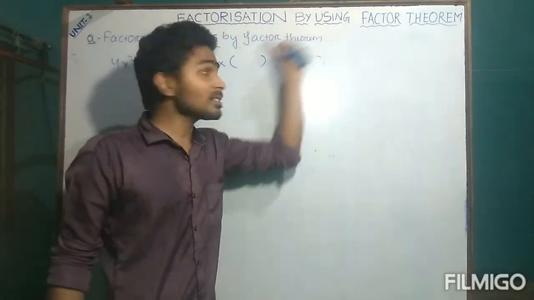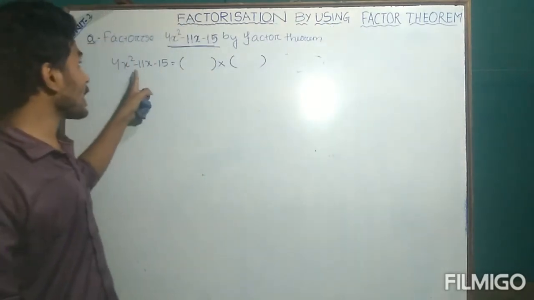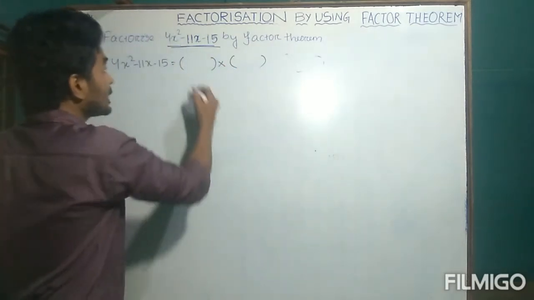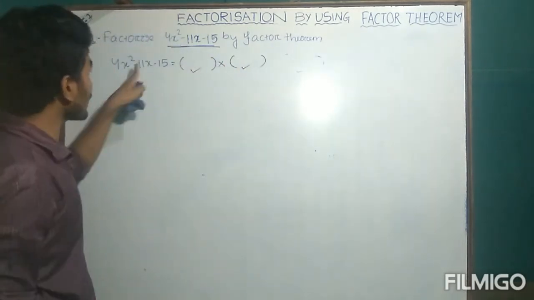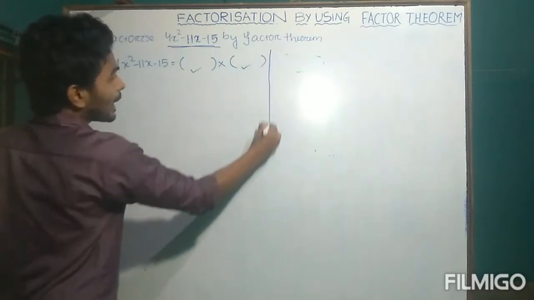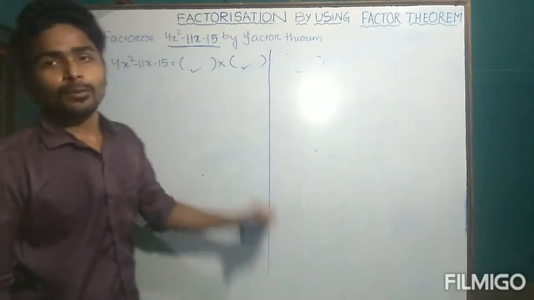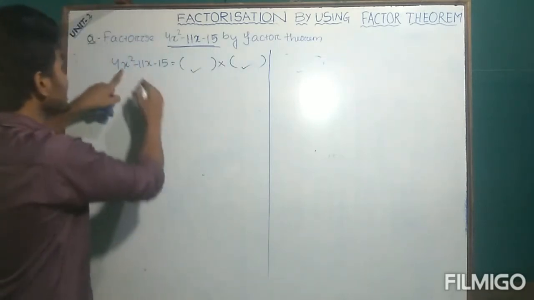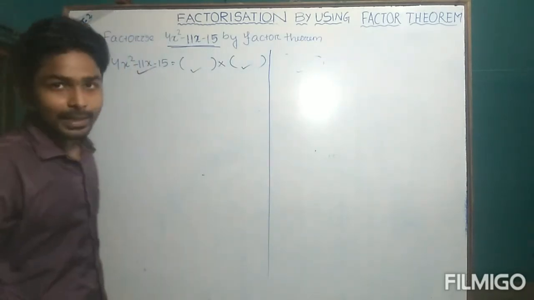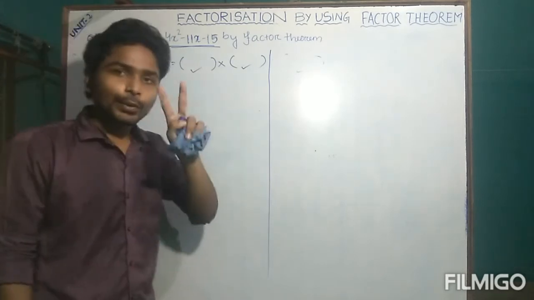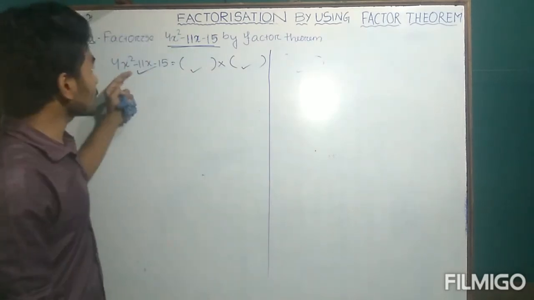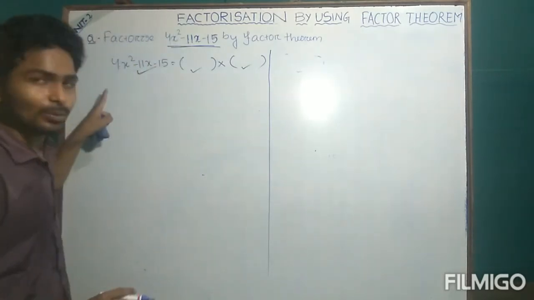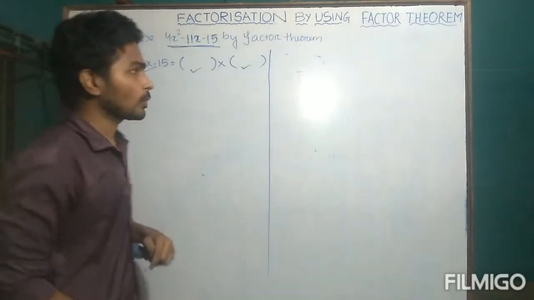The meaning of factorization is that we convert the quadratic polynomial into the product of two linear polynomials, and these two linear polynomials must be the factors of 4x square minus 11x minus 15. Since it is a quadratic polynomial, it has degree 2, that's why it has two zeros.